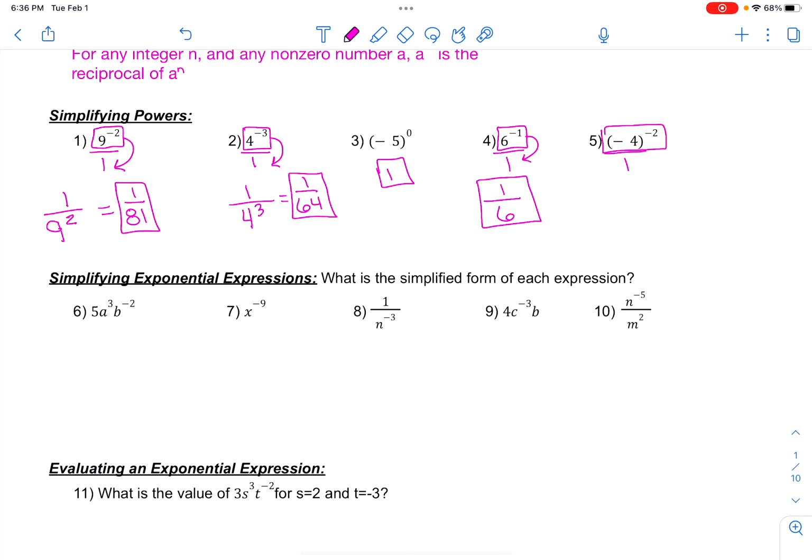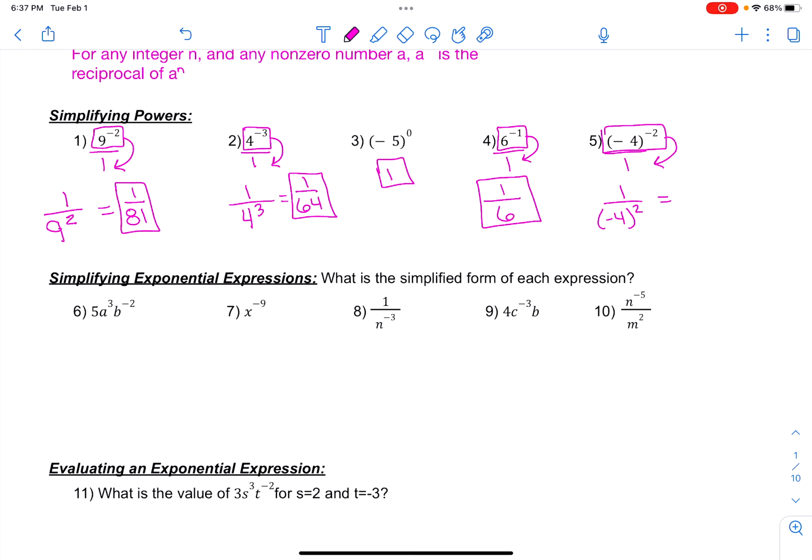So again, we have this negative exponent, so it's going to have to get moved to the bottom. So up top, we are just left with 1. And then on the bottom, we have negative 4 squared. So our exponent turned positive since it got moved down.